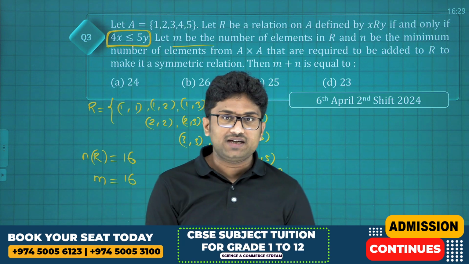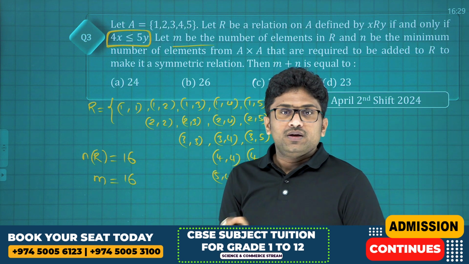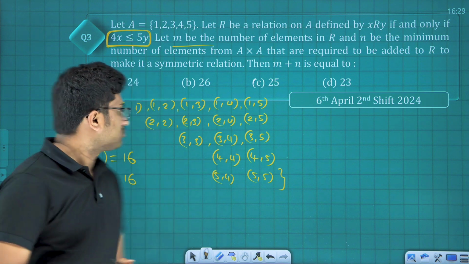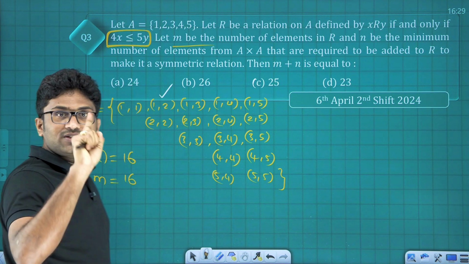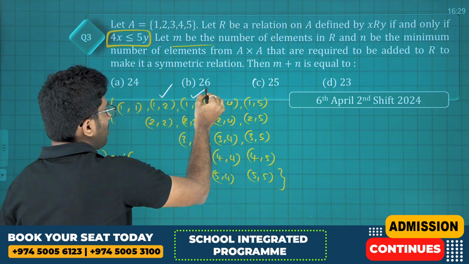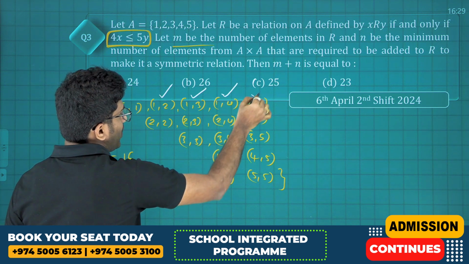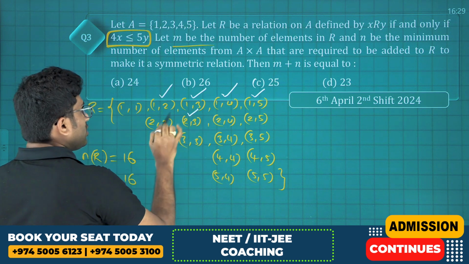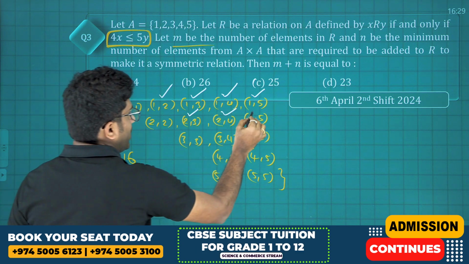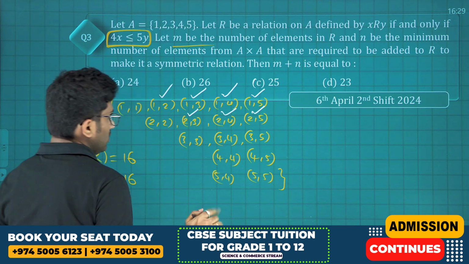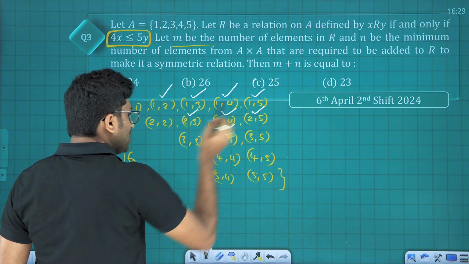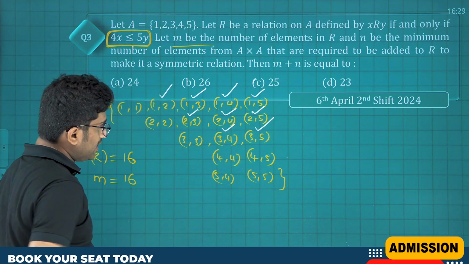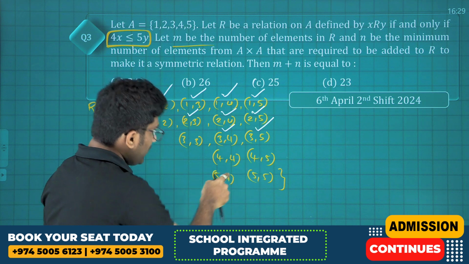We already know that for a relation to be symmetric, if (a,b) belongs to R, then (b,a) should also be part of R. So we have to add (2,1), (3,1), (4,1), (5,1). Next we have to add (3,2), (4,2), (5,2). Next (4,3) and (5,3) should be added. (4,4), (4,5) and (5,4) are already there.